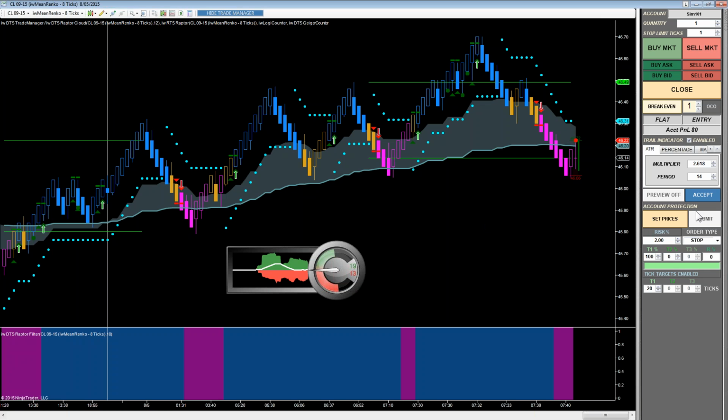And there you go. So here now I have the trade manager. And we're not producing a signal here, but just for example's sake, so you can see how it works. And likewise, you can put the Trailblazer on the other DTS tools if you prefer the one-click entry system.